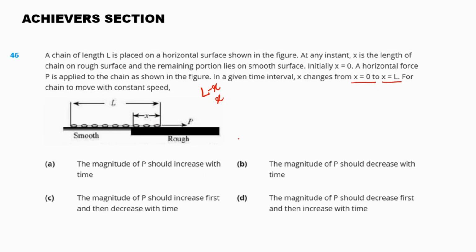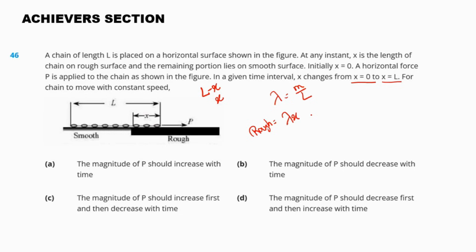First let us understand about friction. We know that mass per unit length is lambda equal to m by L. So, mass on the rough surface is lambda x. And so, friction is accordingly mu lambda x g, right?